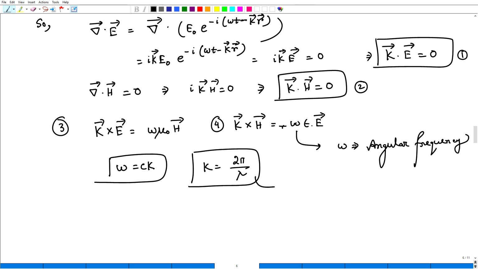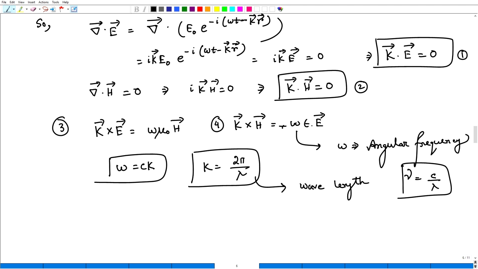This is the most general form of wave vector. Lambda is the wavelength. Mind it, omega is the angular frequency, not the frequency. Frequency is nu. Nu is actually c by lambda for any wave. We are considering electromagnetic wave, that is why we are writing c here. c is the speed of the light or the wave.